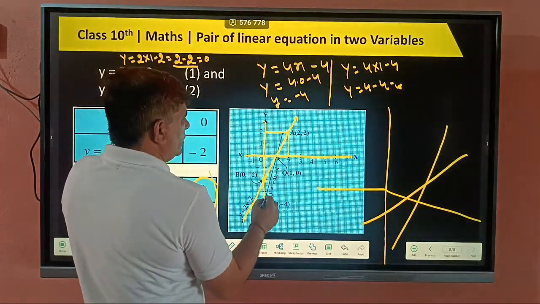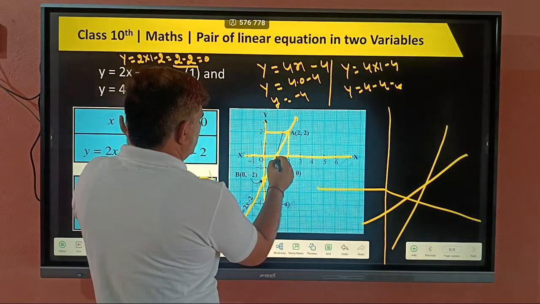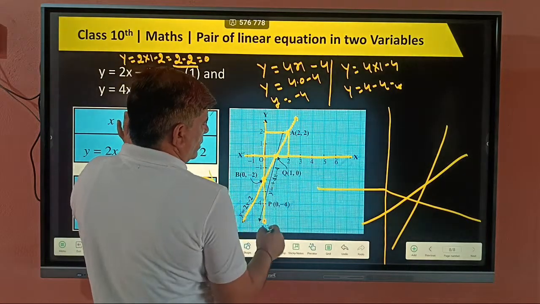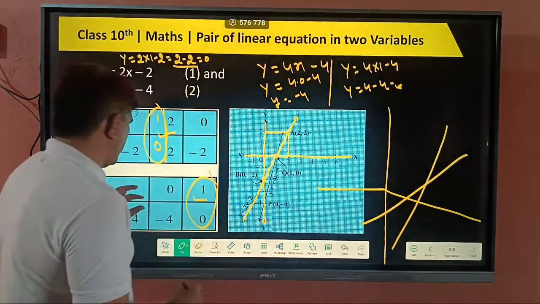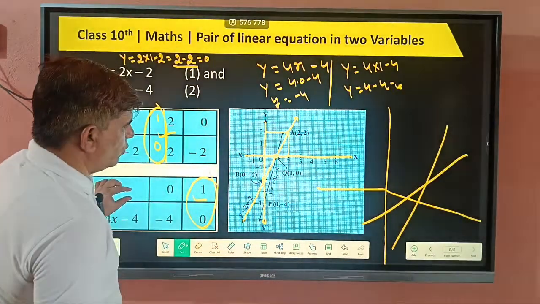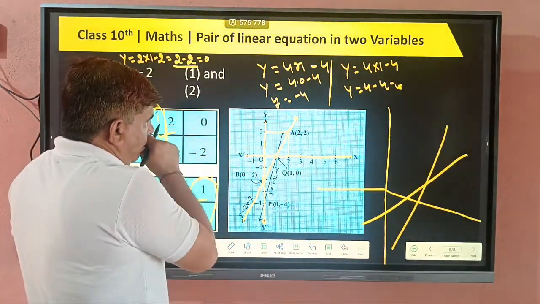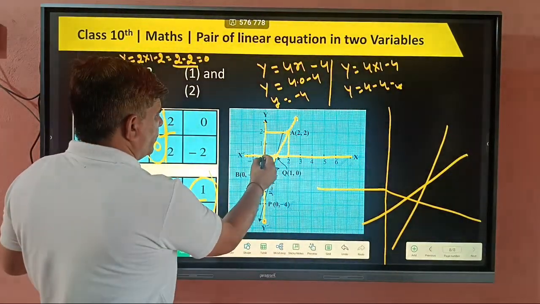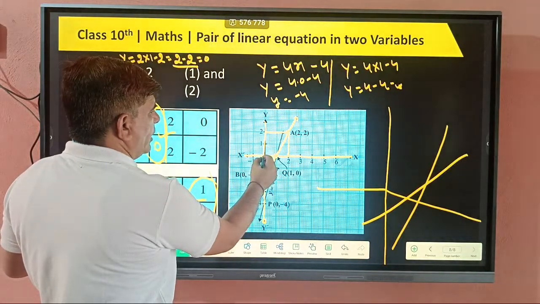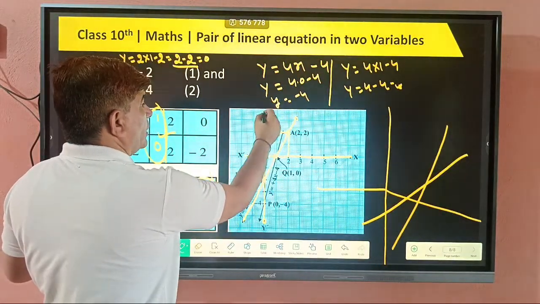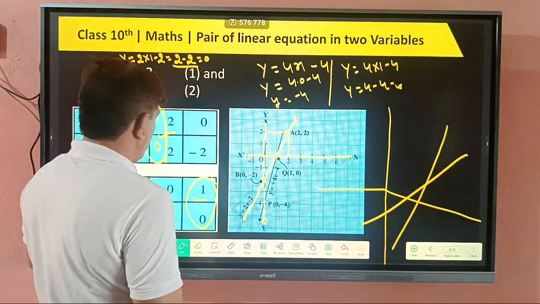And x equal to 1 and y is 0, so this point. For the other graph, you can take x equal to 0, y equal to 4. x equal to 0 on the y-axis and y equal to 4, so 4 comes here like this.